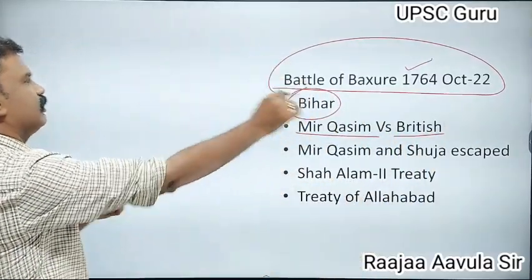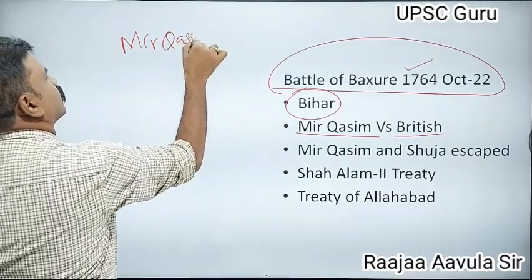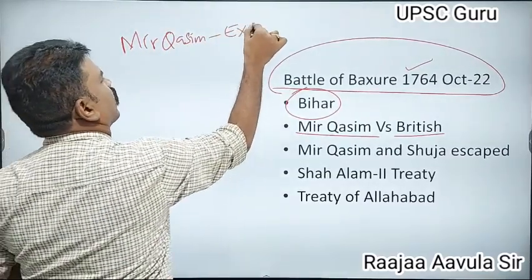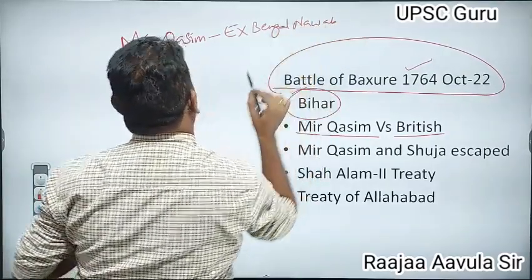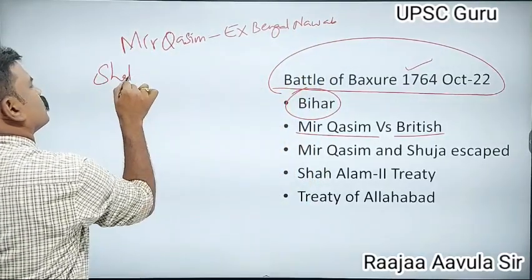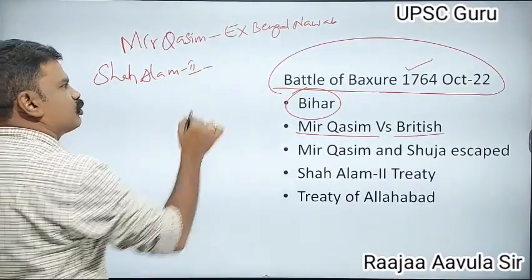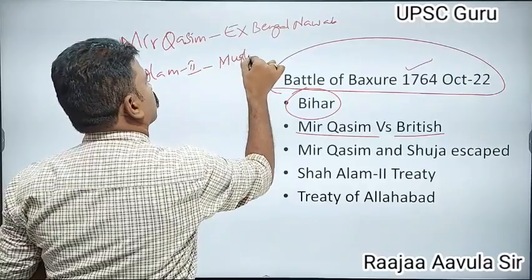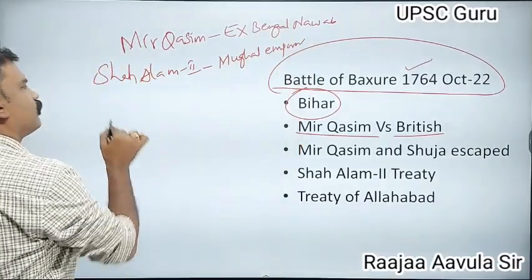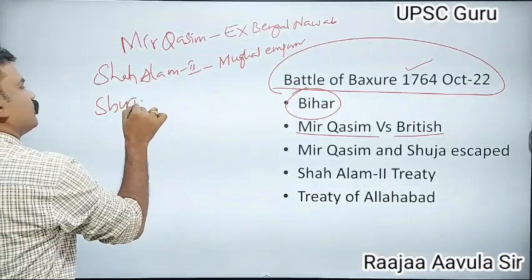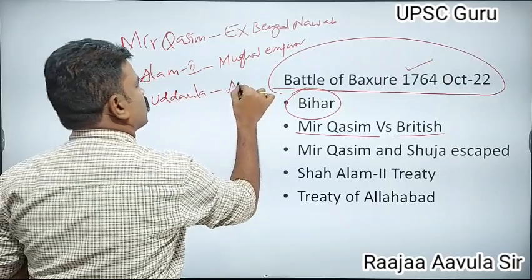Mir Qasim means not only Mir Qasim, the ex-Bengal Nawab, but also Shah Alam II, the Mughal Emperor, and Shuja-ud-Daula, the Awadh Nawab.